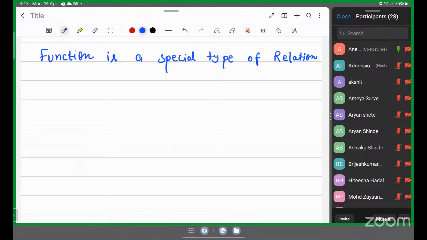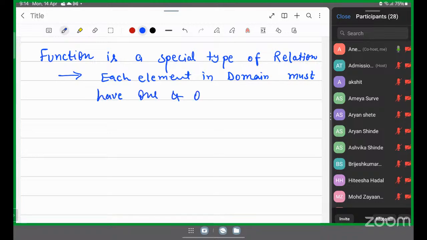So function is a special type of relation, a relation in which each element in domain must have one and only one image. So if you take any element from domain, then it must have one and only one image.